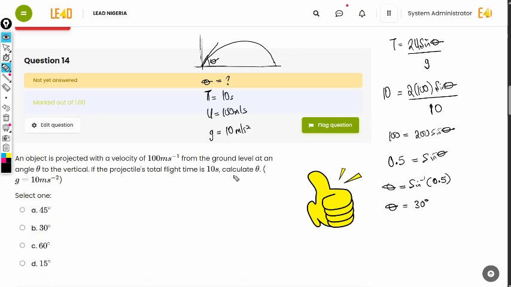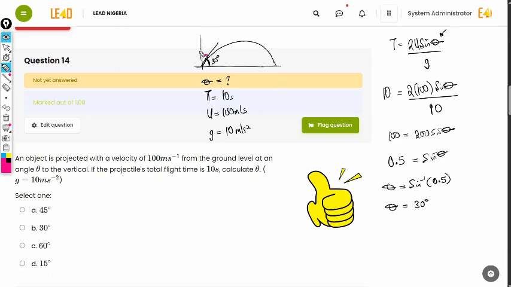Okay, good. So theta is 30 degrees. But the question is saying we are being asked for the angle with the vertical. This theta that we use in all of our formulas is the angle with the horizontal. But what we are really being asked for is the angle with the vertical. So they both make up 90 degrees, right? They are complementary.